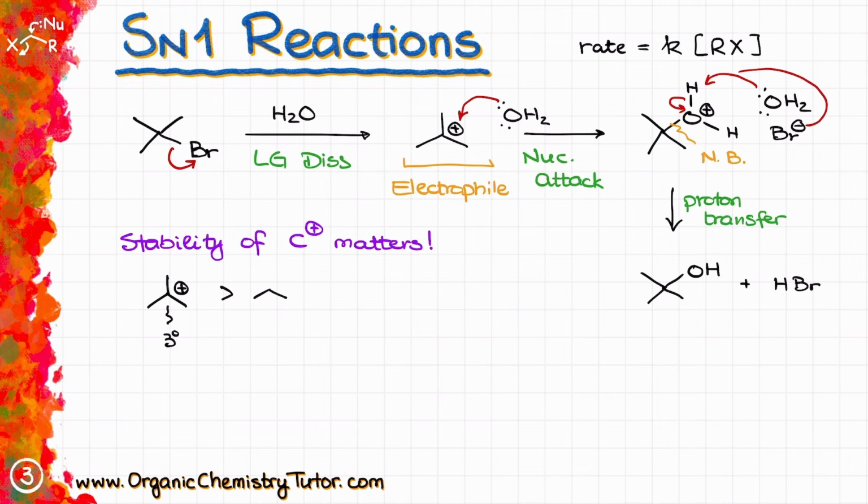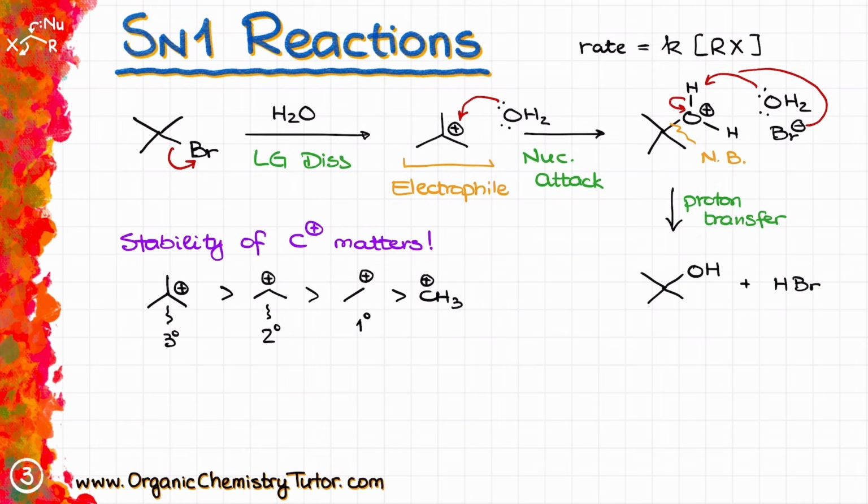Then we have secondary carbocations that look like this, and then we have primary carbocations where we only have one carbon attached to our C+, and of course we have CH3+, which is a methyl carbocation, doesn't have any other special name or anything of that sort.